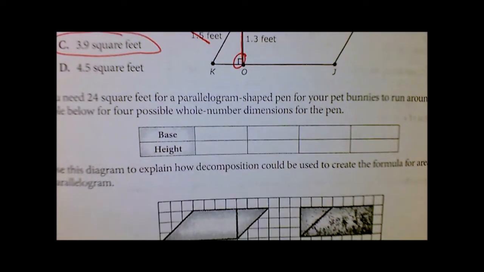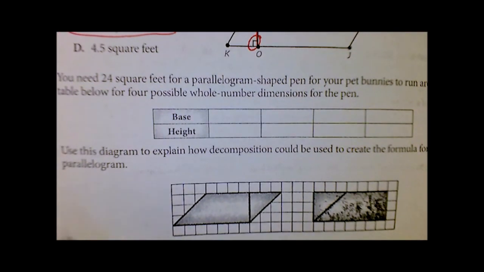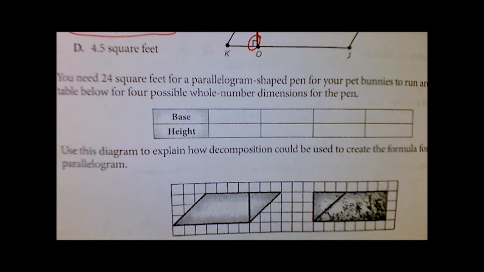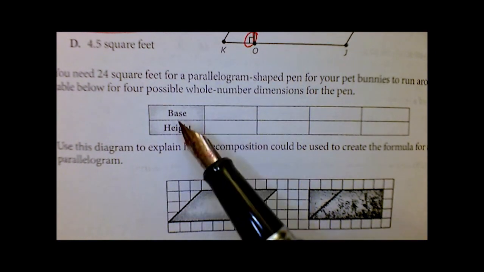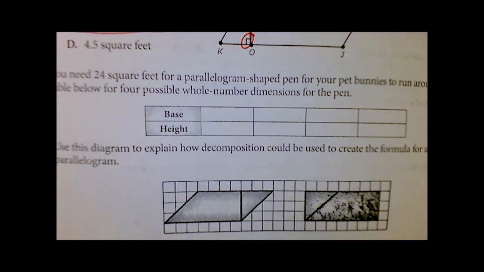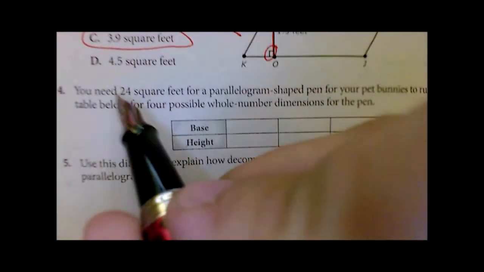And last that I'll go over on this side says you need 24 square feet of a parallelogram-shaped pen for your pet bunnies to run around. So, for possible bases, possible heights, we need a base and a height that when multiplied will give us 24 square feet.